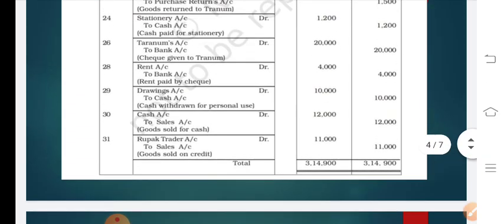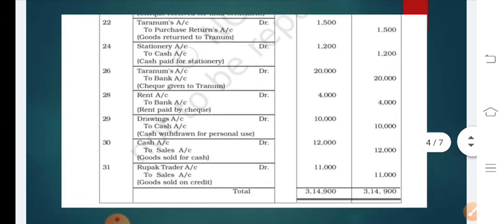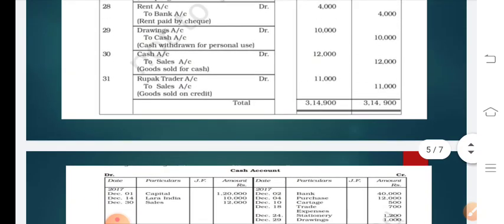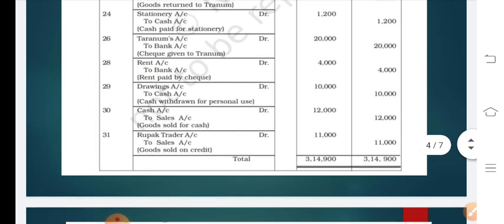The next we have is Tarannum to bank, no entry recorded in cash. Rent to bank, nothing to be done with cash. Then drawing account debit to cash account. Since cash is credited, we'll go to the credit side of cash and write here by drawings account, that is 10,000. The next we have is cash account debit to sales account.